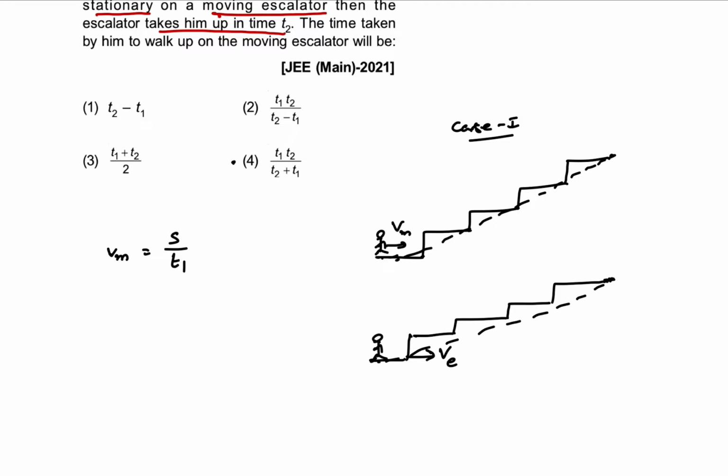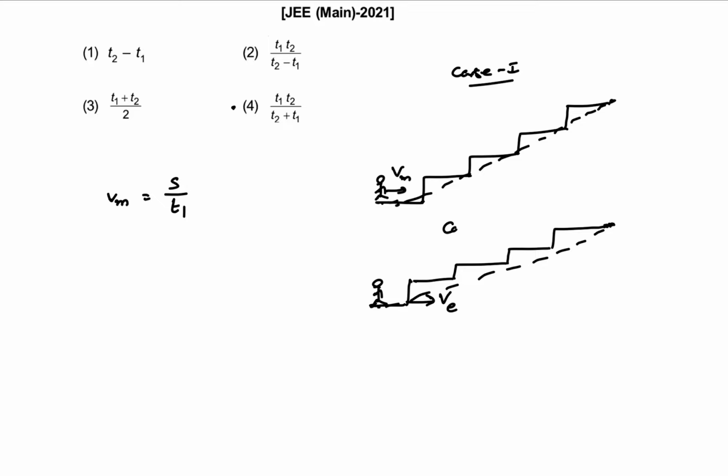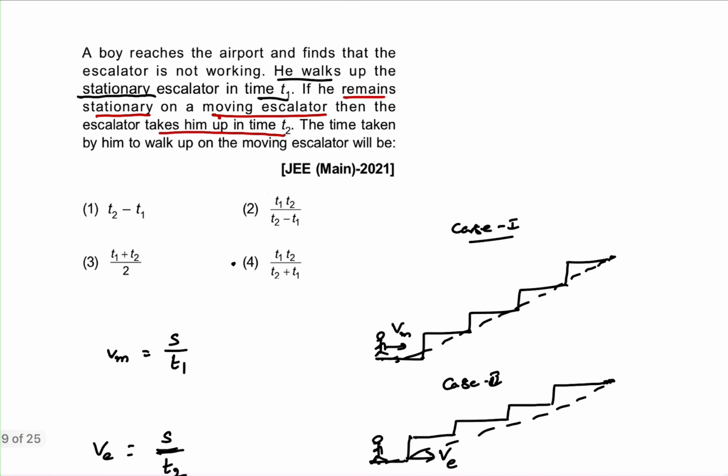With what speed is it moving? V speed it is moving. Initial and final positions are the same. Now in case 2, applying the same logic, we can write velocity of escalator is equal to the length of that escalator, or distance, so VE is equal to S by T2.